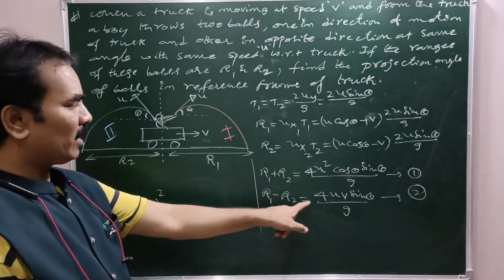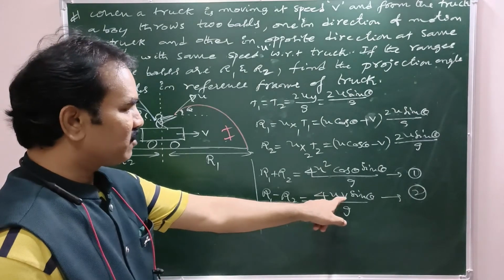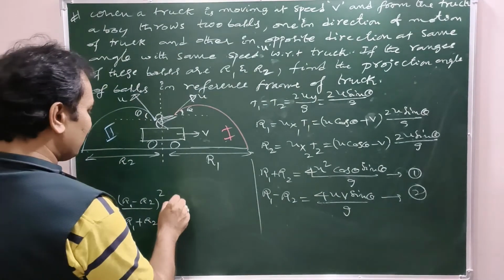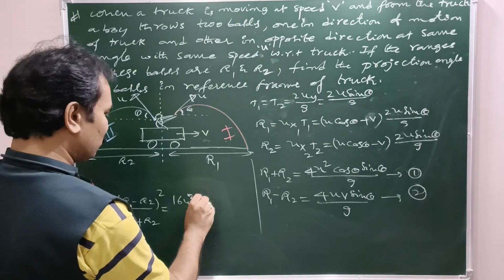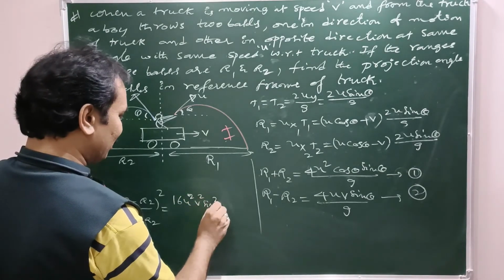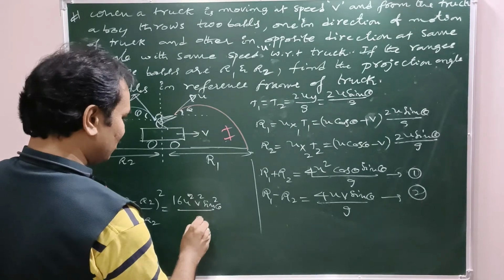R1 minus R2 whole square means 16 u square v square sin square theta by g square.